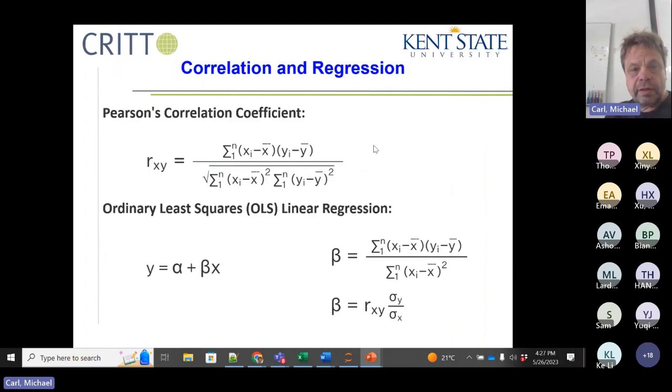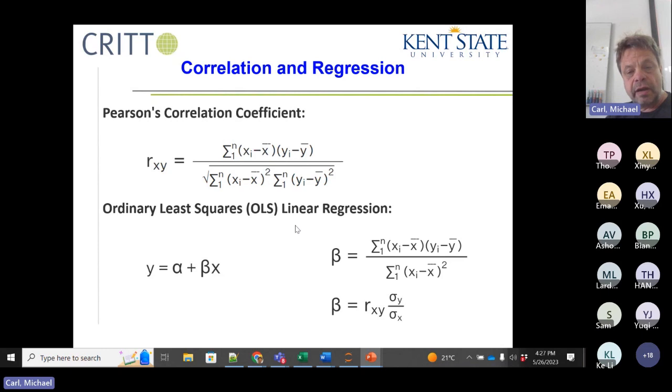Now, this is a little bit similar to Pearson. Previously we had this Pearson correlation, which takes here the covariance between the two variables, x and y, and then we have the standard deviation here of the x and the y variable.